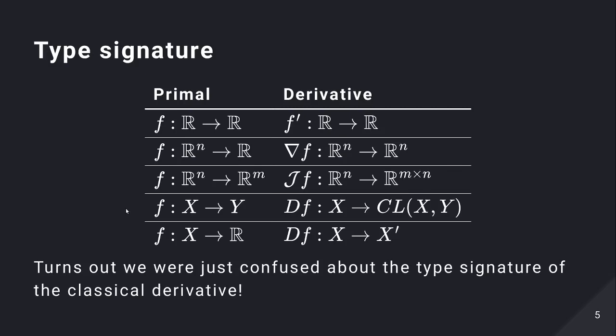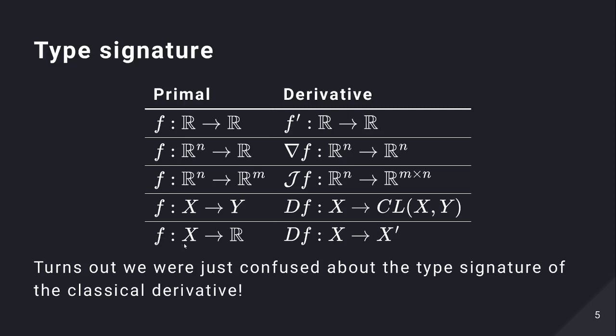When you look at that, it starts to make more sense why we define the derivative as something that takes an x and gives a linear map from X to Y. It also makes it clearer that it should actually be the dual there. But of course, R being just a scalar field, it's its own dual.